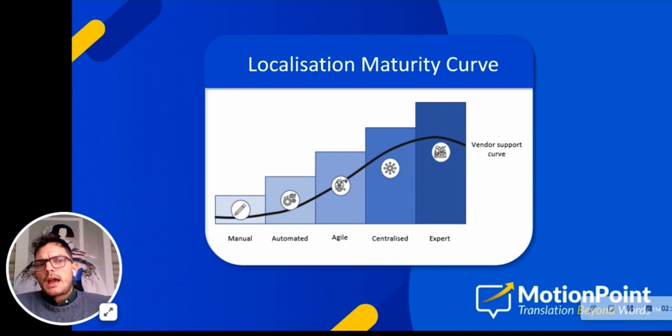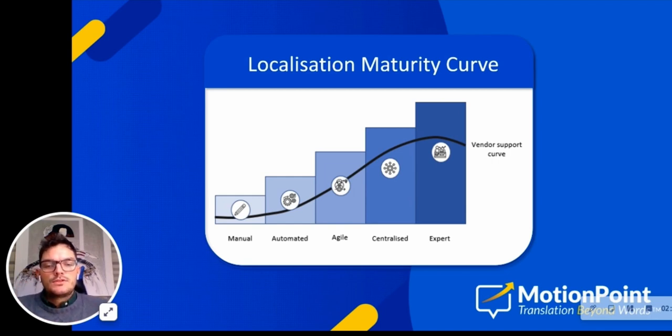When you have the initial phase of getting into that market, it may become quite successful and you start to see a greater requirement of translations for digital assets, content outside of the website, social media, etc. What happens is that the process that you did in the manual phase becomes challenging.